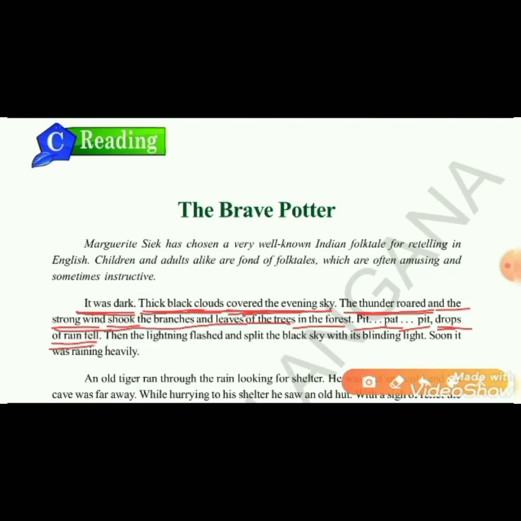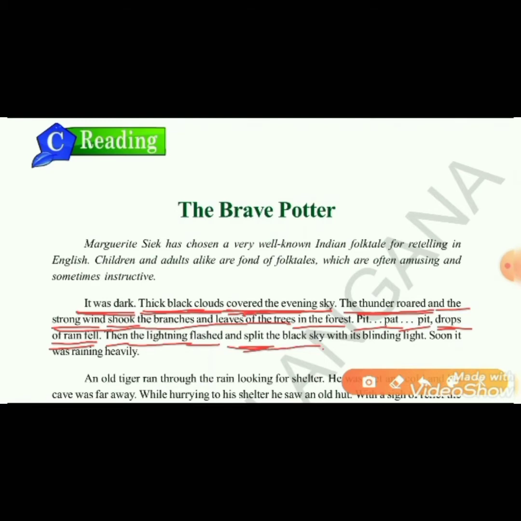Then the lightning flashed and split the black sky with its blinding light. What is the meaning of blinding light? When there is a thunder light, we cannot see it with our bare eyes. So the lightning that comes in the sky actually separated the whole clouds into two parts.